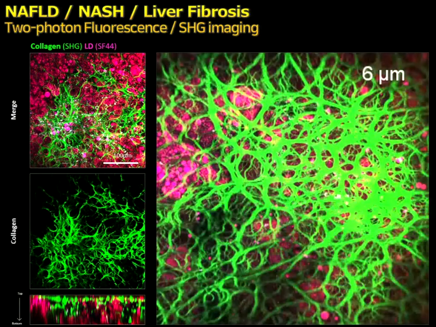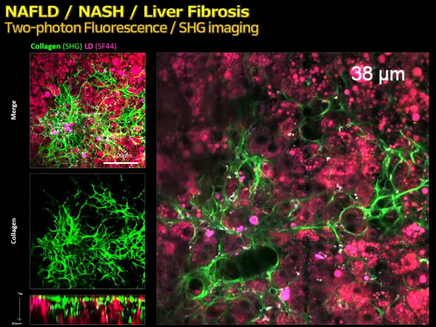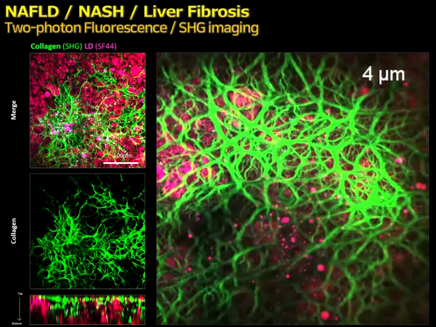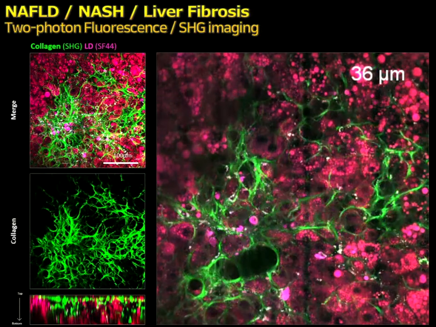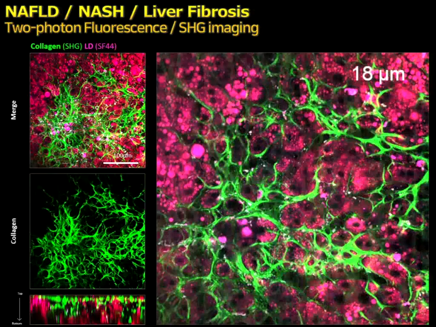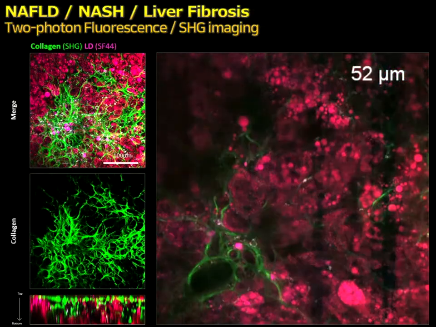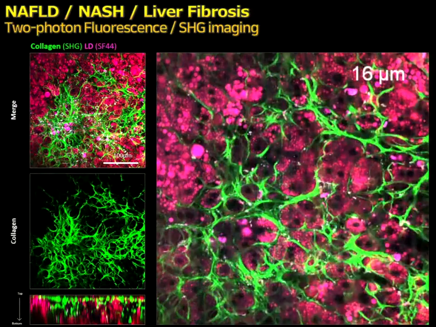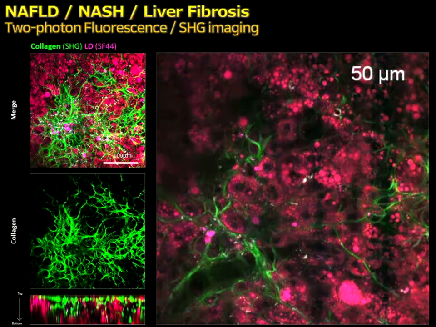Here, the green is collagen fiber, and red is the lipid droplet inside the hepatocyte. From the surface, you see the liver capsule, and then you see this very sinusoidal collagen fiber in the liver tissue. So this is a well-advanced liver fibrosis tissue. And of course, this data was obtained from live anesthetized mouse livers.